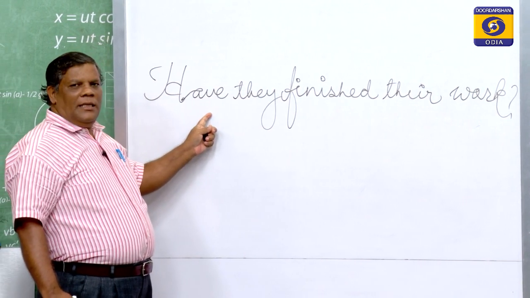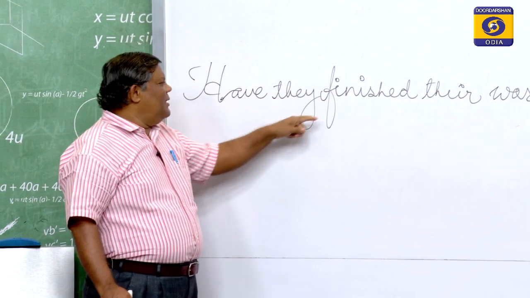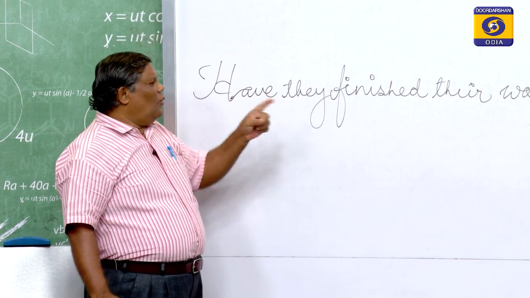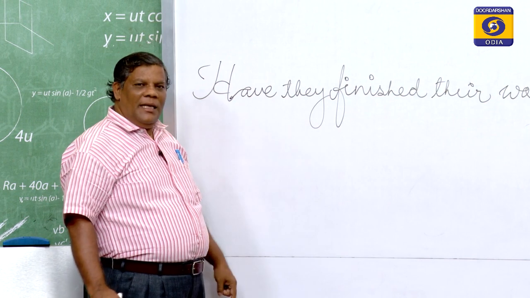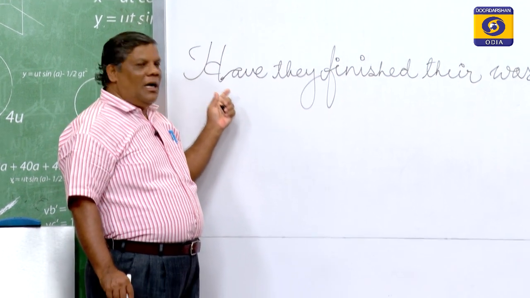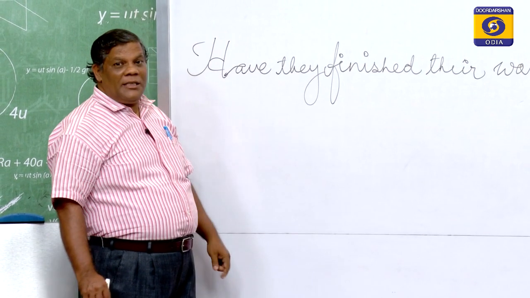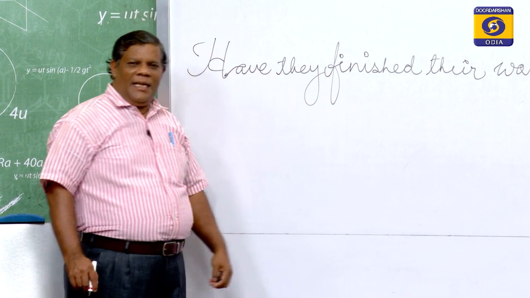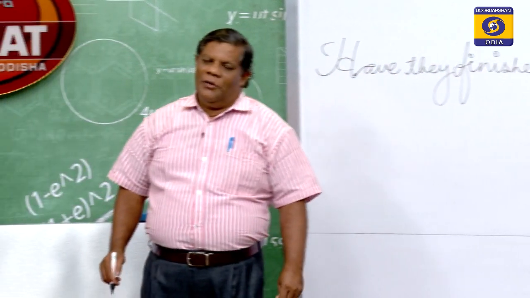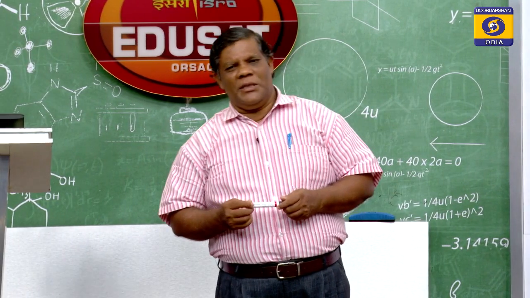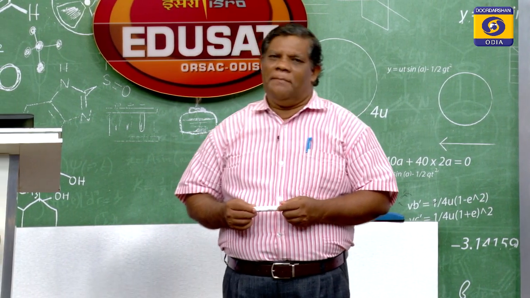Make it a statement: they have finished their work. Make it passive: their work has been finished by them. Now again bring the verb to the beginning: has their work been finished by them? So we take different tenses, present tense forms and past tense forms in yes no question sentences to make them passive.